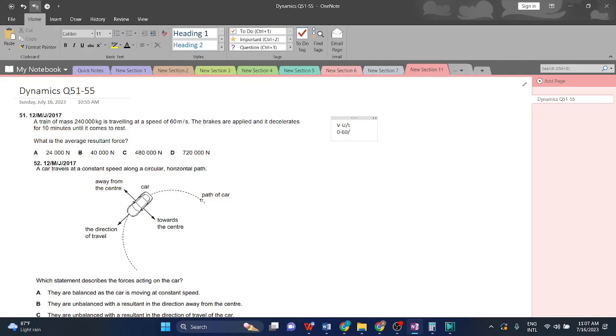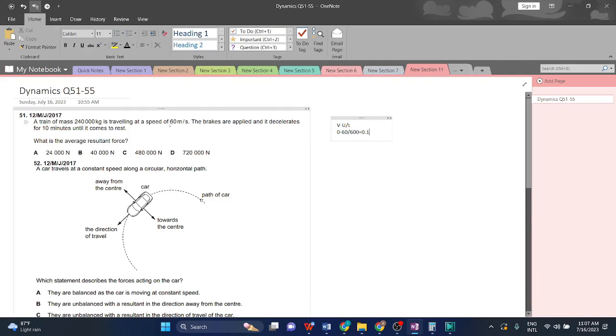We'll convert that into seconds, so 600 time होगा. So the answer will be 0.1, right? Final velocity 0 होगी, initial velocity 60 है.